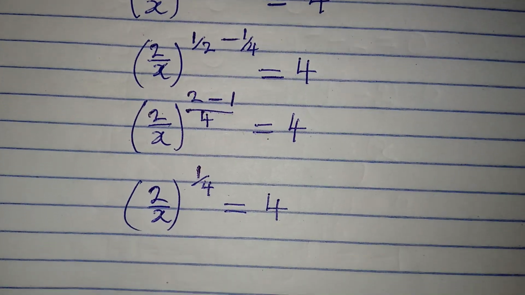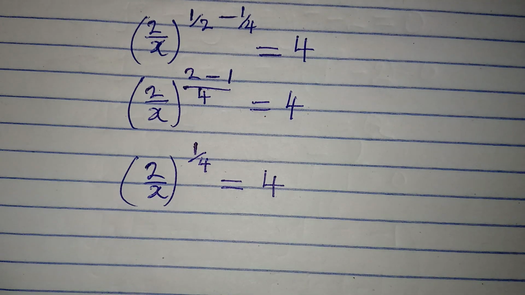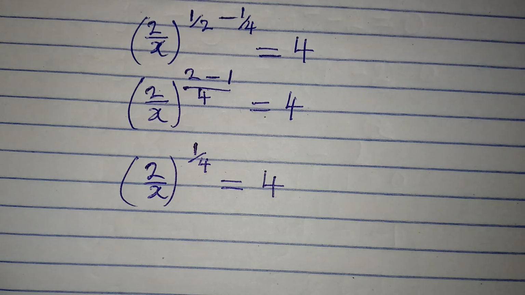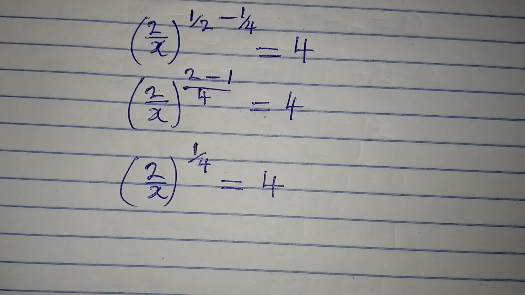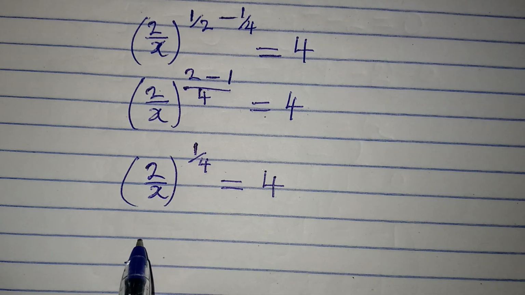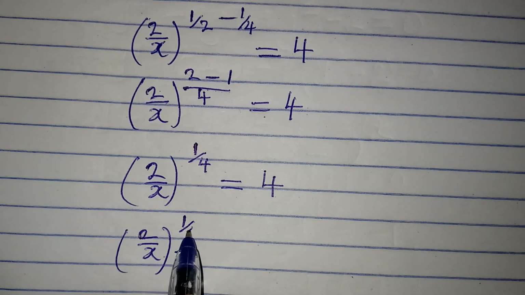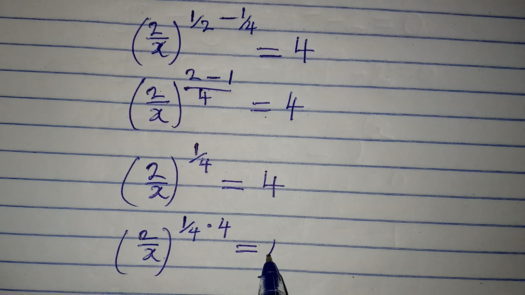Now the next thing I'm going to do is eliminate this power from here. To eliminate the power, I will multiply the power by its reciprocal. And by the way, what is the reciprocal of 1 over 4? Its reciprocal is 4 over 1, which is the same thing as 4. So I'm going to multiply this power by 4. I'll have 2 over x to the power of 1 over 4 multiplied by 4, and this is equal to 4.